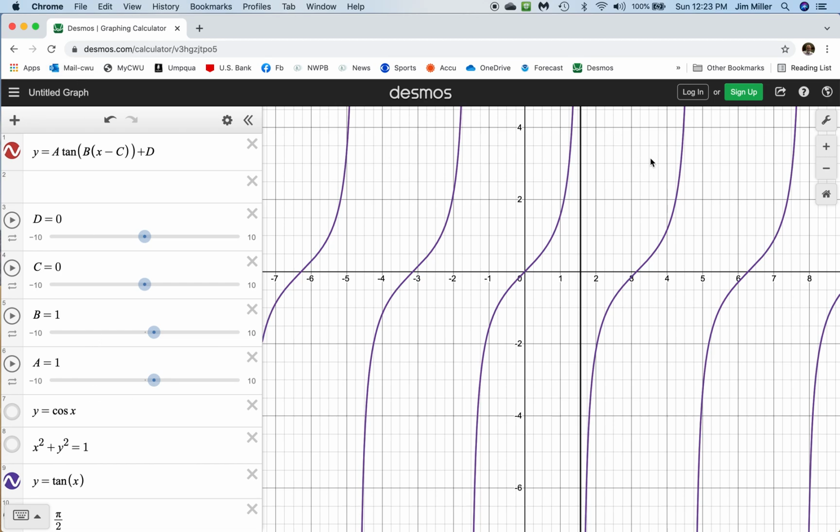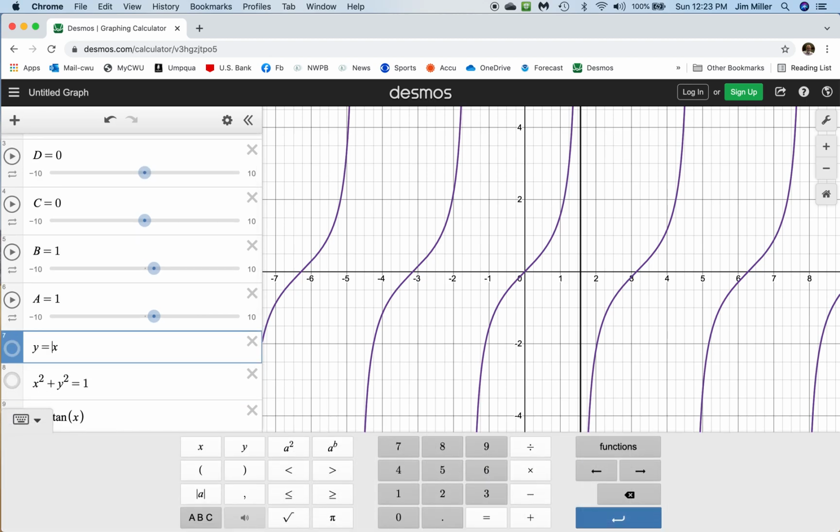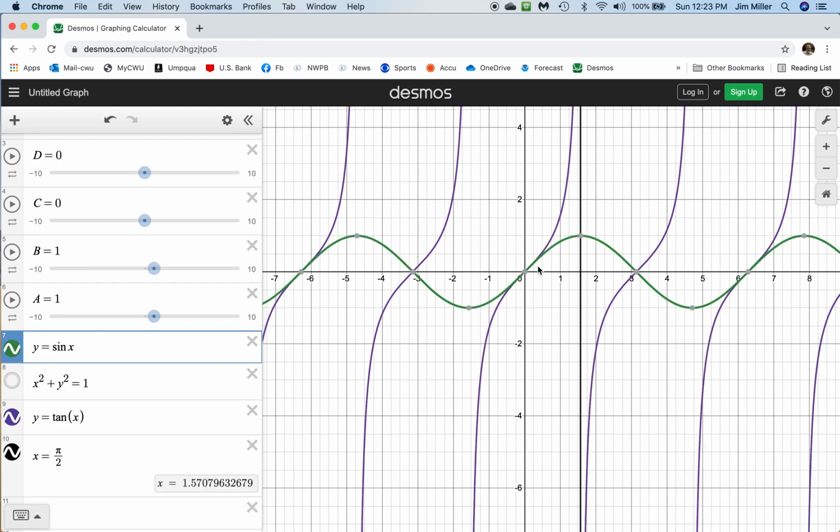Now, that's tangent. If we go to cotangent, cotangent is cosine over sine. So I'm going to put the sine curve back on. The sine is 0 here. And tangent was sine over cosine. So sine being 0 in the numerator, that's why the tangent curve is 0.